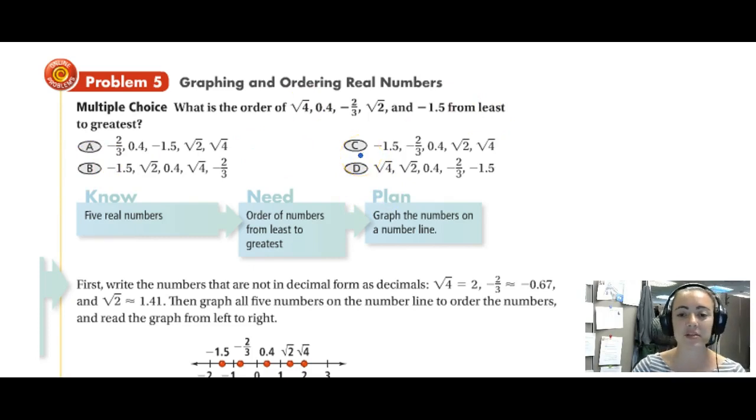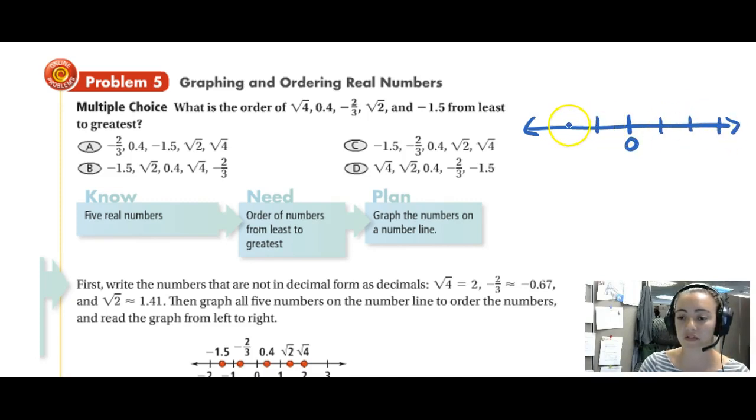So there are many ways that people can approach this. I like to draw a number line and start writing down approximations of some of these values. Some of these you might be able to place on there pretty quickly. So 0.4, that's in between 0 and 1, almost halfway, but not quite. So it's 0.4.